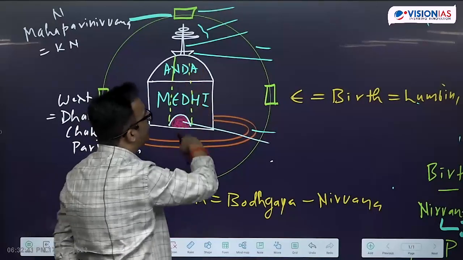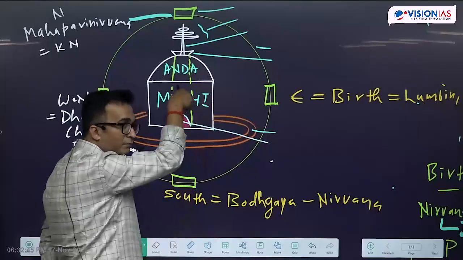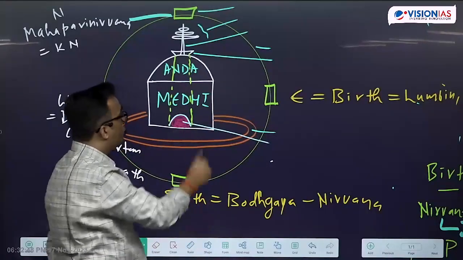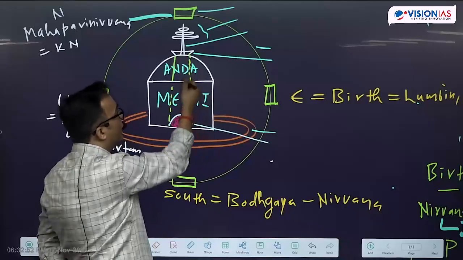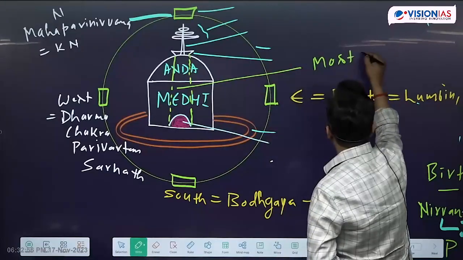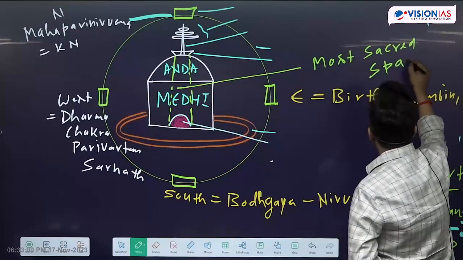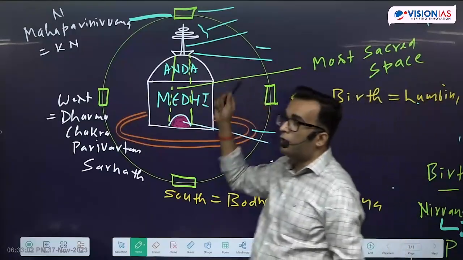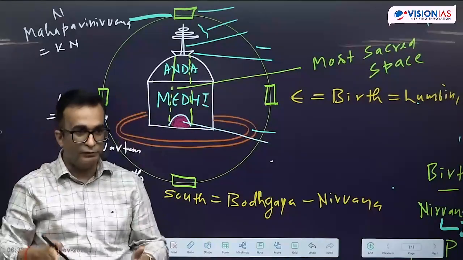If we draw an imaginary line from harmika, it comes down to the relics. So this column which is emerging from the relics to harmika is considered the most sacred space in the stupa. So harmika is indicative of the most sacred space of the stupa.